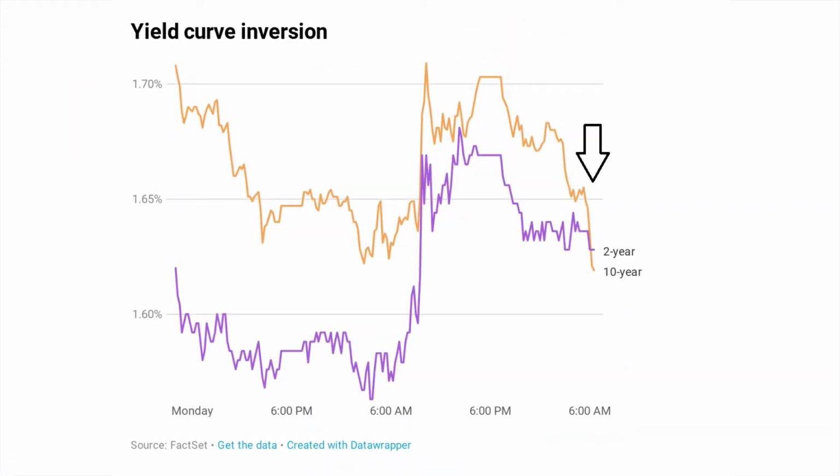So what is the inverted yield curve? Actually, this is out of the bond market. The bond market is when investors give countries money to invest in and to use for covering their payments and so on and so forth. So people give money to the governments in the form of bonds.